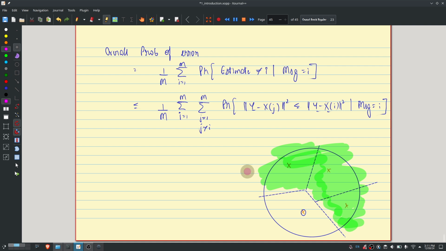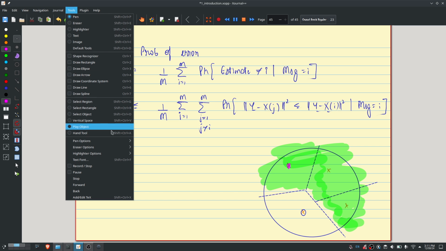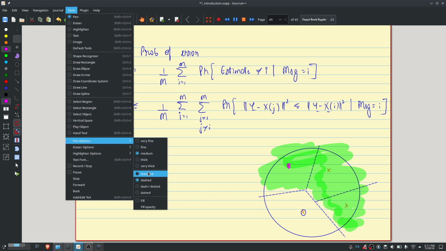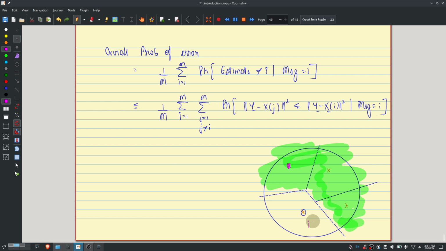For example, let's say this particular code word and this particular code word. This is my i, and this is my j.